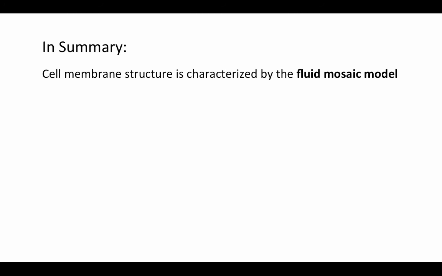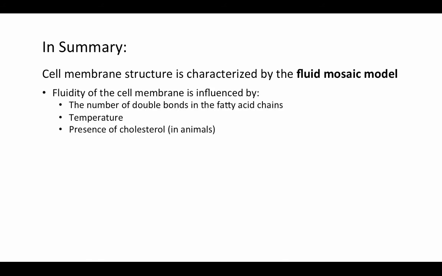So in summary, if we think about the structure of the cell membrane, this is primarily characterized by the fluid mosaic model, in which the phospholipid bilayer is the fluid component of it, with these proteins floating around within this fluid structure. The fluidity of the cell membrane is influenced by the number of double bonds in the fatty acid chains.